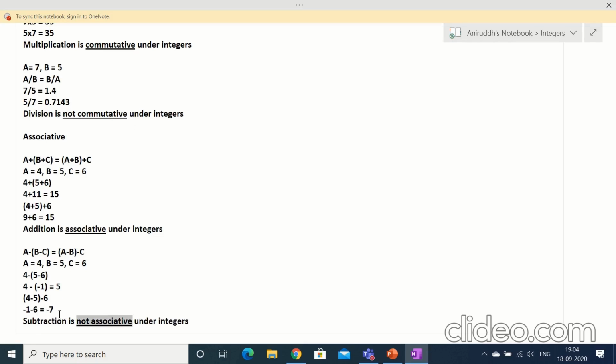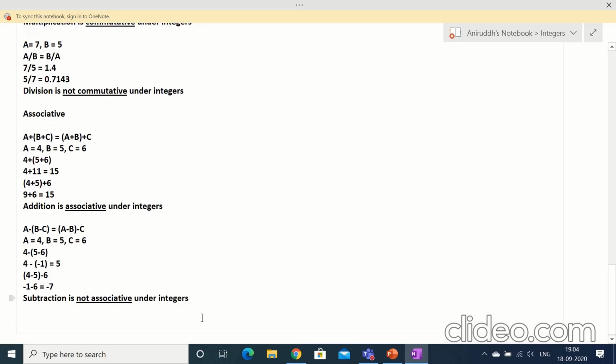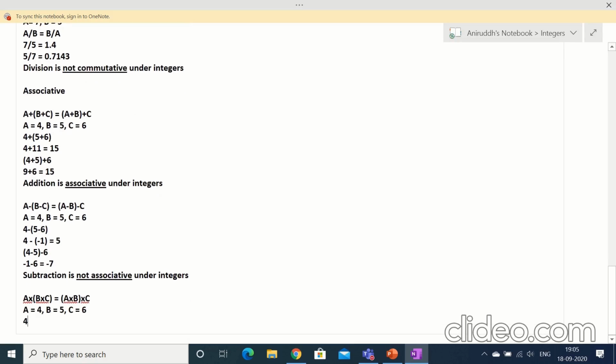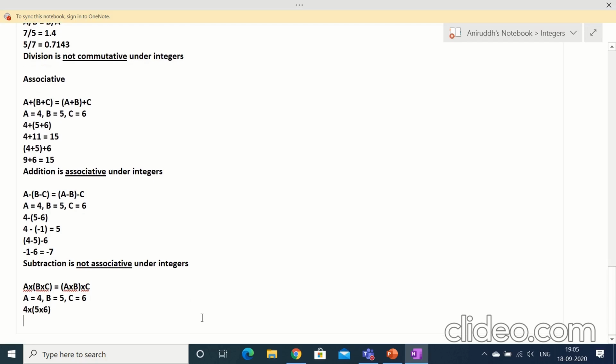Now the next one is multiplication. A into (B into C) will be equal to (A into B) into C. Now the same numbers. So 4 into (5 into 6), which is 5 into 6 will be 30.